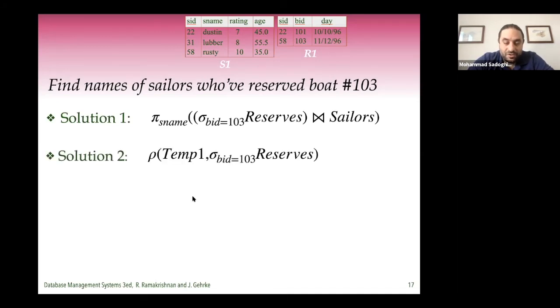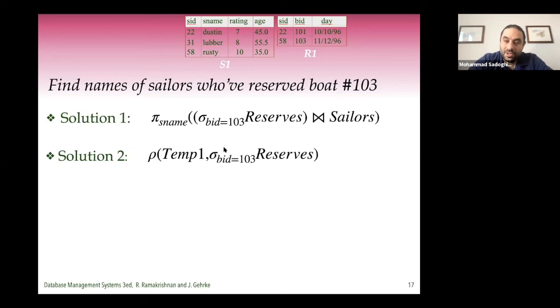Another way is to construct temporary relations as a simple way of writing it down, so we don't have this very long composition that is difficult to parse. We can create a temporary relation, almost like a view. Of course, this is not a materialized view, it's just query rewriting.